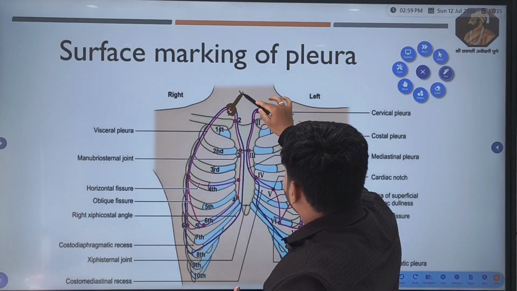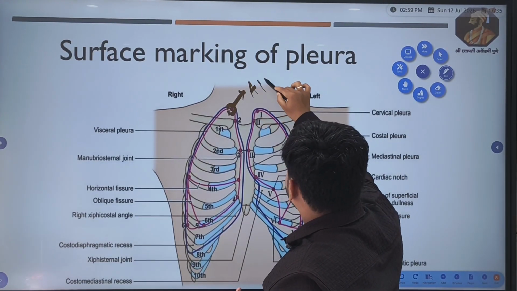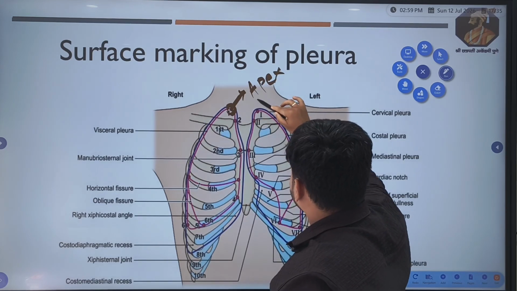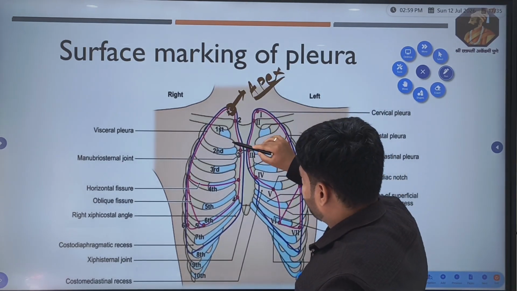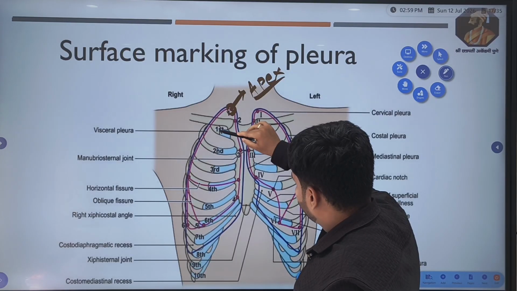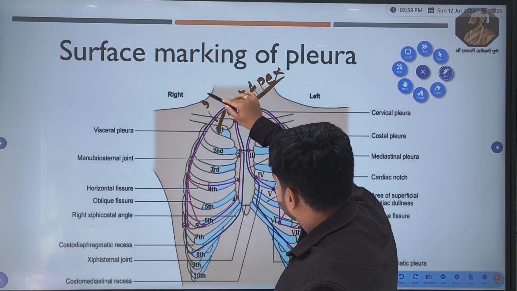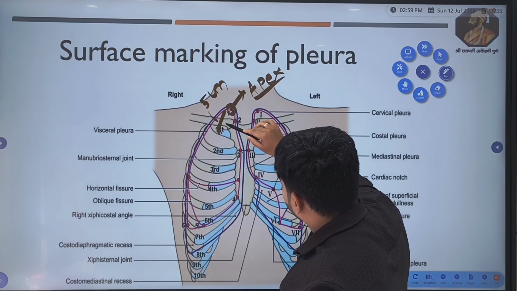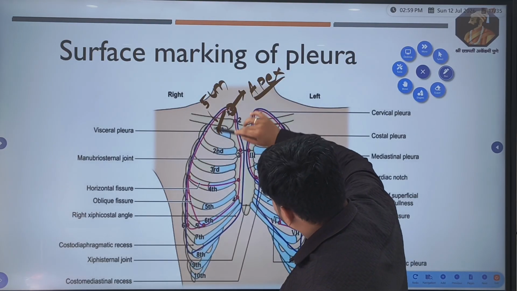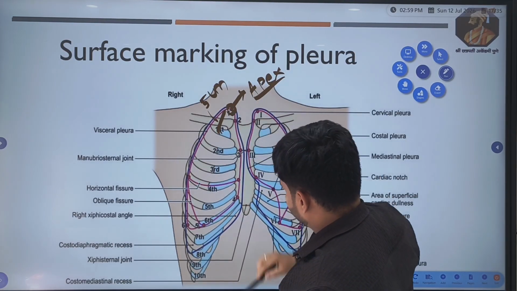The apex lies 5 cm from the first rib and 2.5 centimeter from the medial 1/3 of the clavicle.